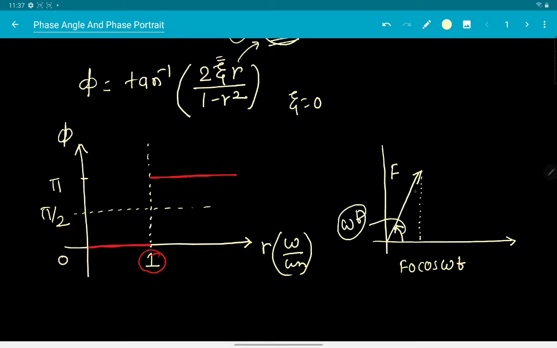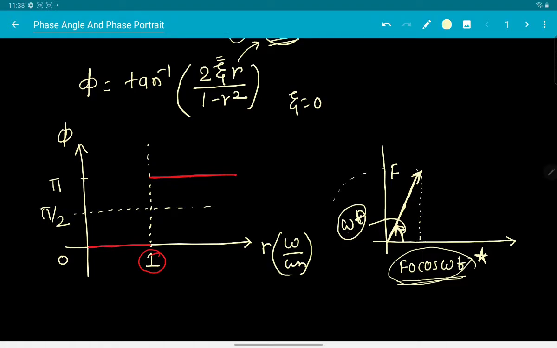At a certain time, this is how f is positioned. As time increases, this f is going to rotate in a circle like this, and its projection on the x-axis is going to change according to this relationship. This is the force, and this is the vectorial representation of that force, with omega t being the phase.